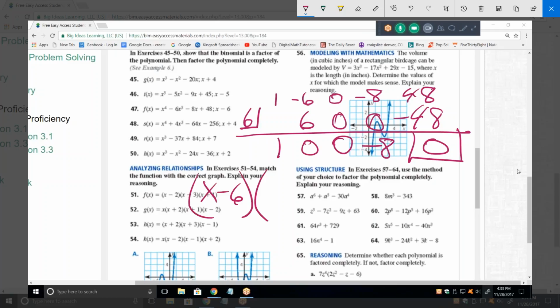x - 6, and then x to the third - 8. Exactly. Now, you know the formula for difference of perfect cubes. Yes. Okay. Factor x cubed - 8.